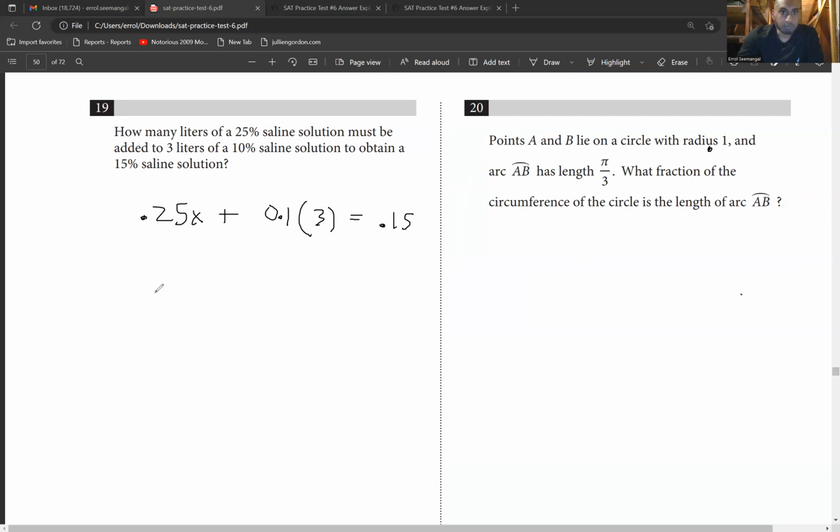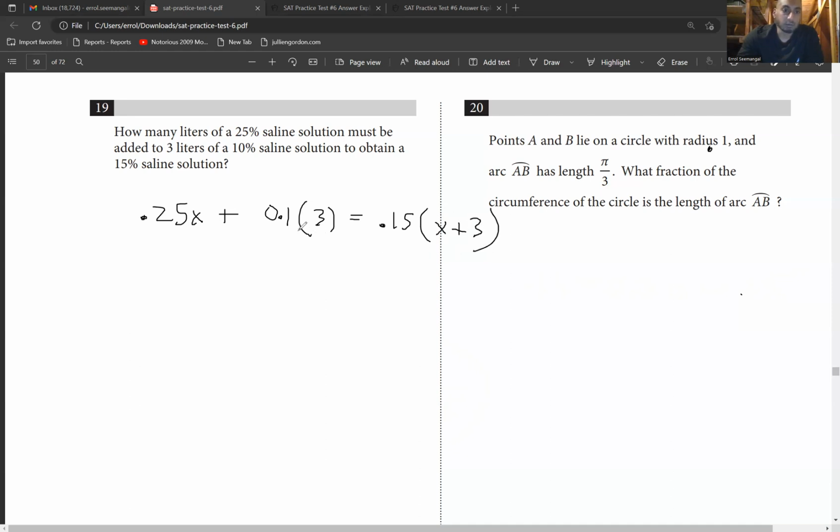How many liters of a 25% must be added to 3 liters of a 10% to obtain a 15%? If we did this x plus 3, does that make sense?